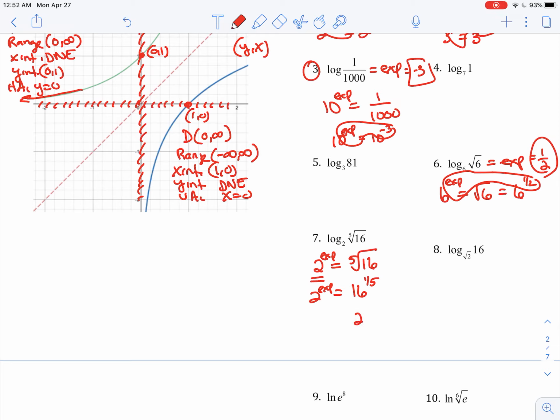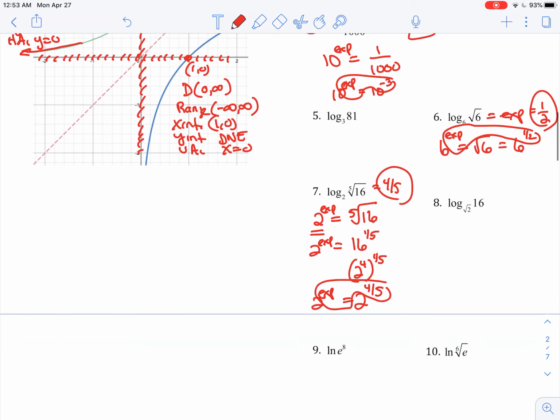And since we have a base 2 on the left, well, 16 is the same thing as 2 to the 4th power to the 1/5. And power to power, we know we multiply, so that's really 2 to the 4/5. So 2 to what exponent gives us 2 to the 4/5? Once our bases are the same, we know the exponents have to be equal. This is just equal to the number 4/5.